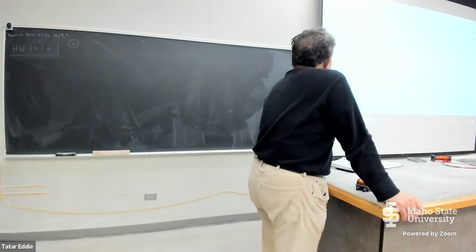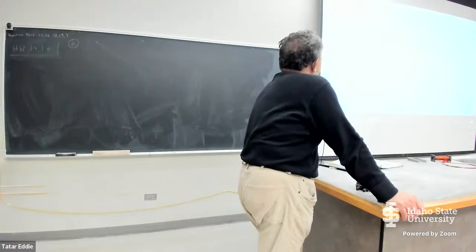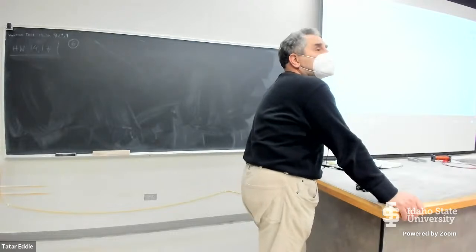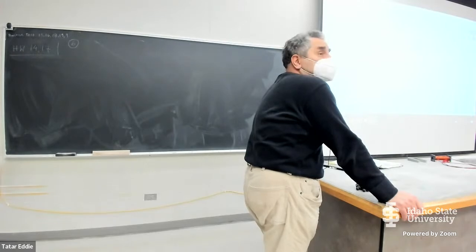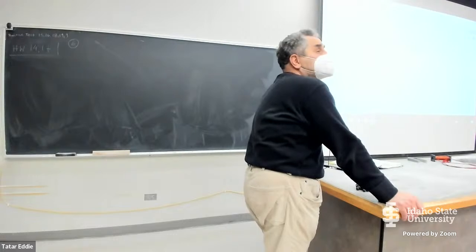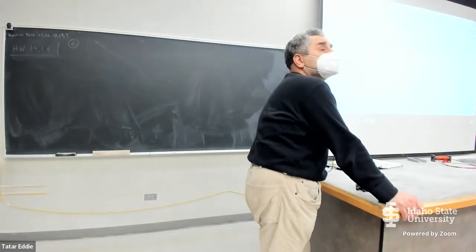And they say that the magnetic field changes its magnitude at a certain rate in such a way that it induces a current that is 2.5 milliamperes. So what is the rate of change of this external magnetic field?